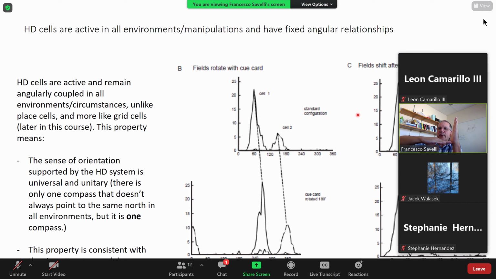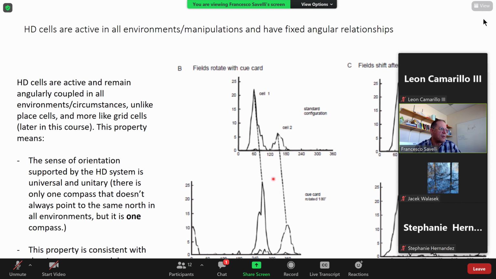Then you go to another room. Now this is pointing like this. Well, the angle between the two is preserved. This is what this slide showed, that you can rotate the cue card, and now you see that both head direction cells, cell 1 and cell 2, you see the firing rate of the two curves, right?